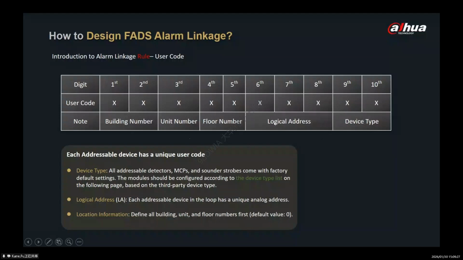And the logic address is for each addressable device in a loop. And the location information, building, unit, and floor number, is defined first. The default is 0. And for the device type, there is a device type list for the system. If you want to define it again for the module, you can refer to it in this pack.